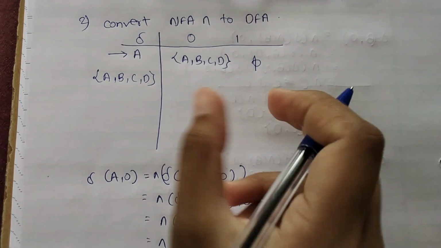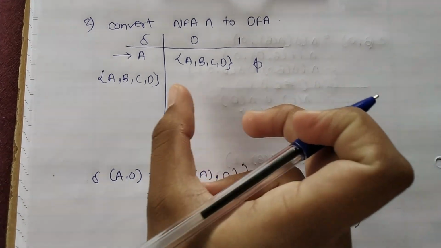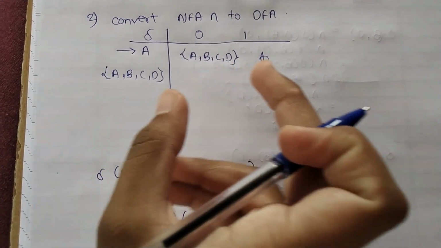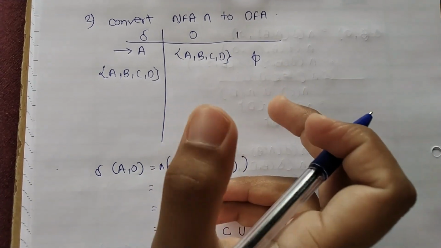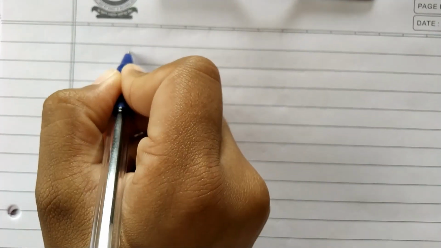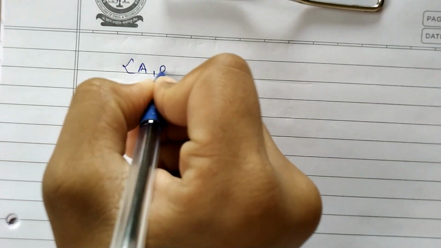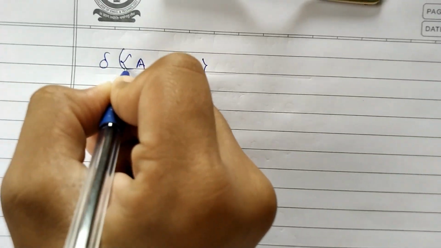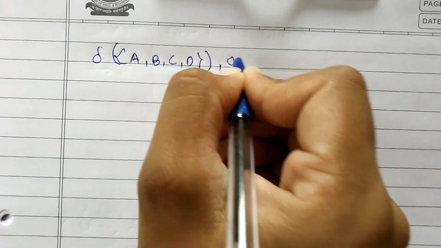Next, all one-by-one transitions we put as our states, and then we perform all these transitions for 0 and 1. So now we put this A, B, C, D, delta of this comma 0.